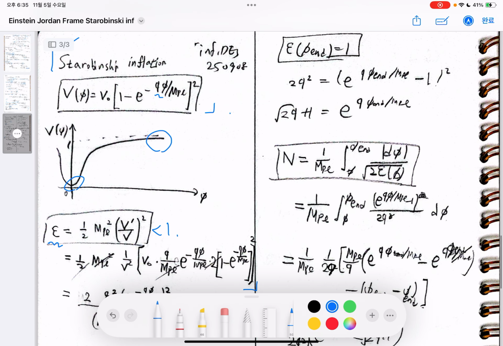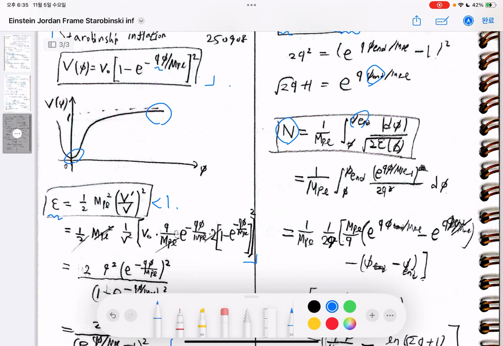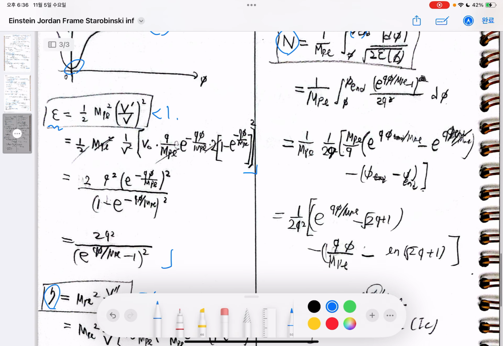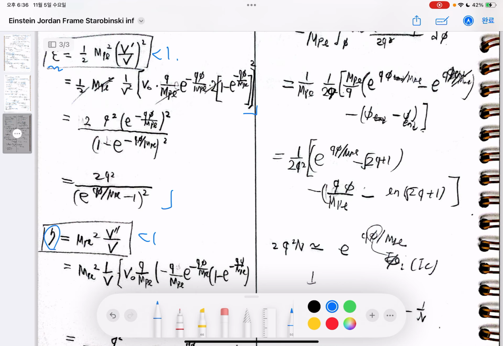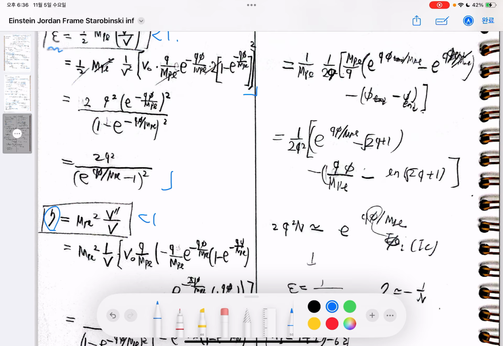If we impose the end of inflation at epsilon equal to 1, then we can obtain the relation for the field value at the end moment. Then we can calculate the e-folding number of the inflation, integrated from φ to φ_end. Then the result, which is also just an algebraic calculation, is given by the e-folding number and the initial field value.